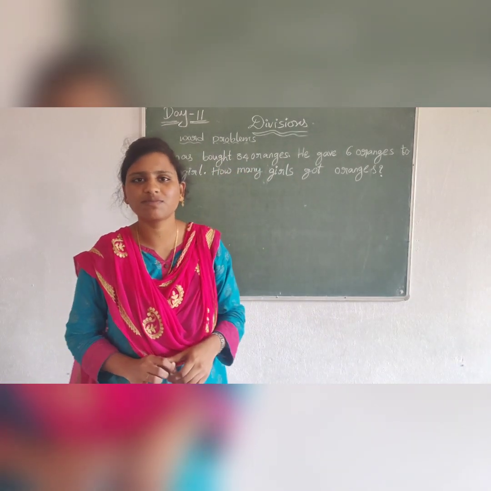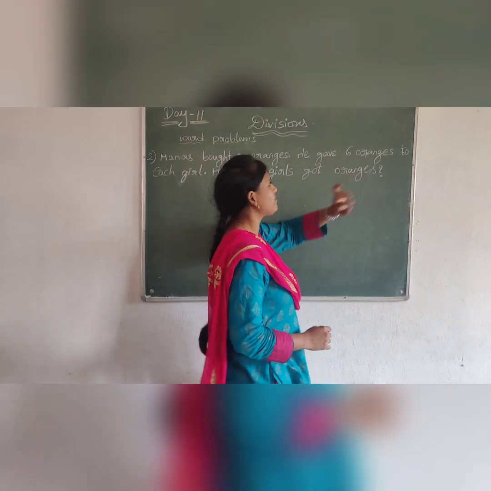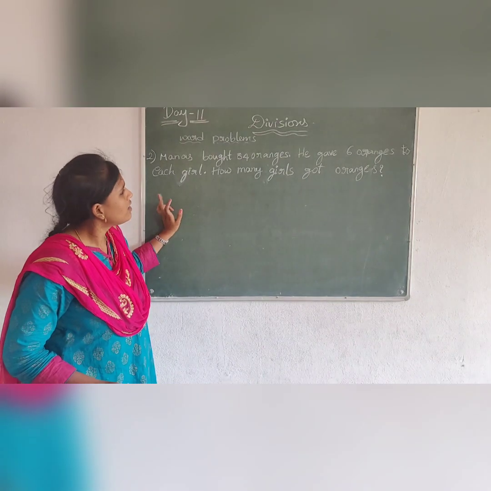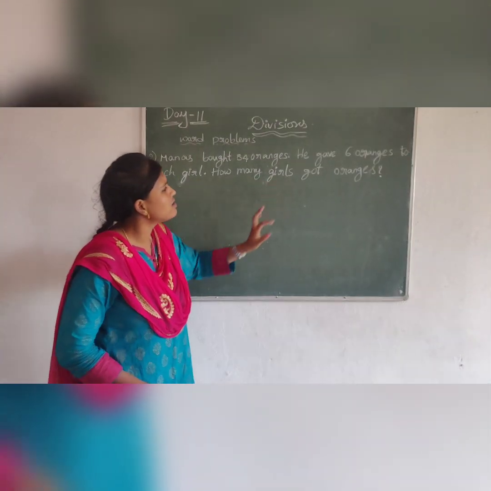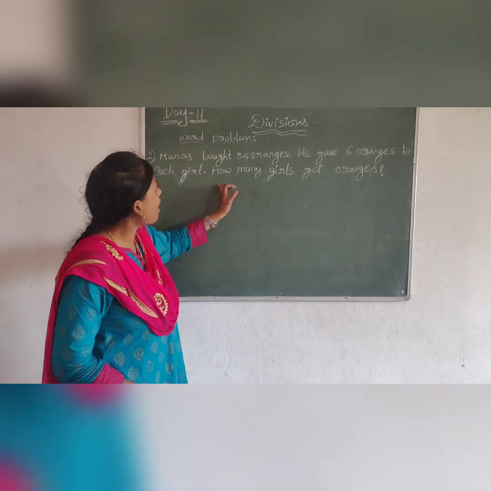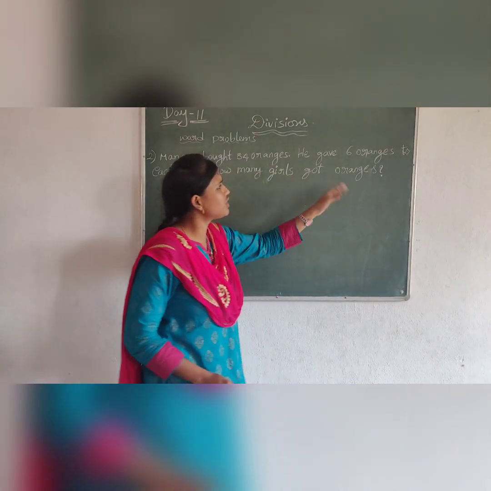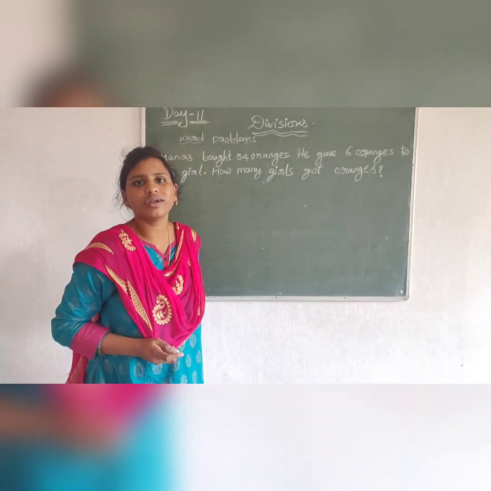He gave 6 oranges to each girl. Each girl is getting 6 oranges. How many girls got the oranges?